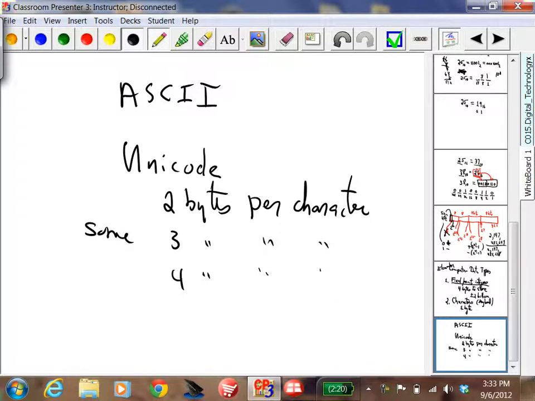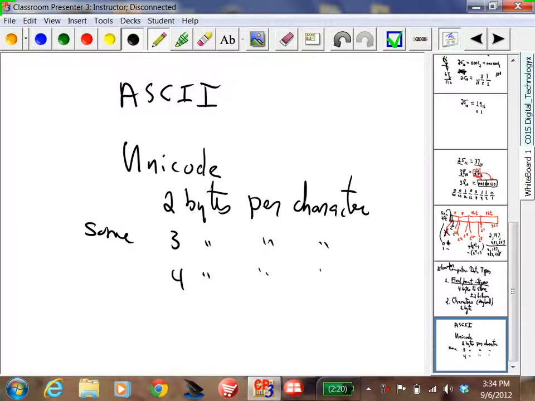What did we look at last time for Unicode? We looked at Egyptian hieroglyphics. We looked at the Chinese characters and the Han alphabet. We looked at Arabic. We looked at Hebrew. We looked at Russian, Cyrillic.